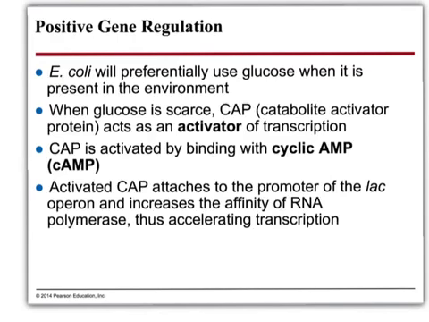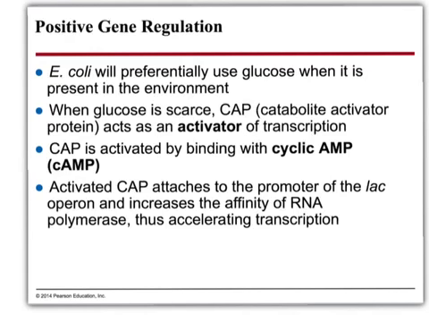So we've talked about negative gene regulation, turning things off. Well, how do we turn things on? We've said that E. coli will preferentially use glucose when it's present. However, when glucose is in low amounts, a catabolite activator protein, CAP, is present, and it acts as an activator of transcription. This is different from a repressor protein. It's not going to stop transcription; it's going to help enhance transcription.